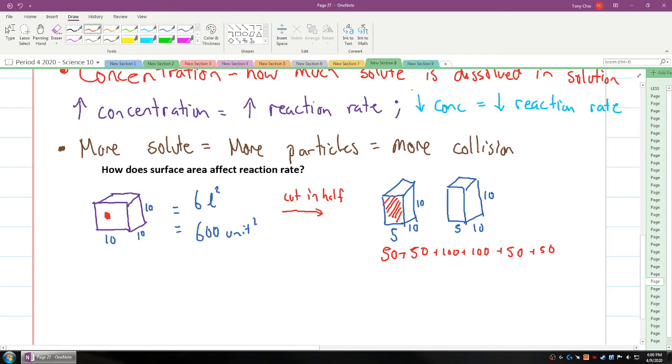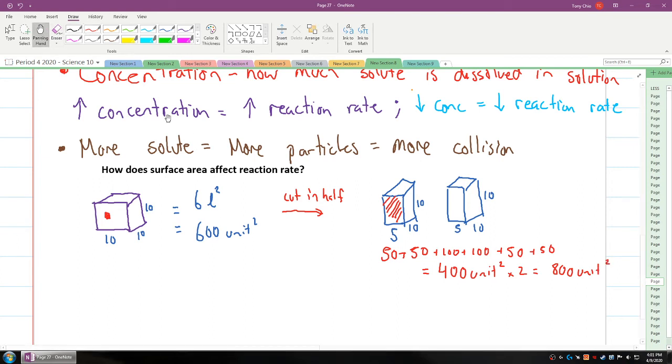So you're going to end up with a total surface area for each cube as 400 unit squared, times 2, which means you're going to have now 800 unit squared.